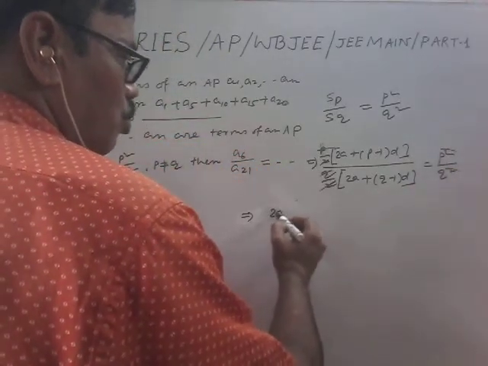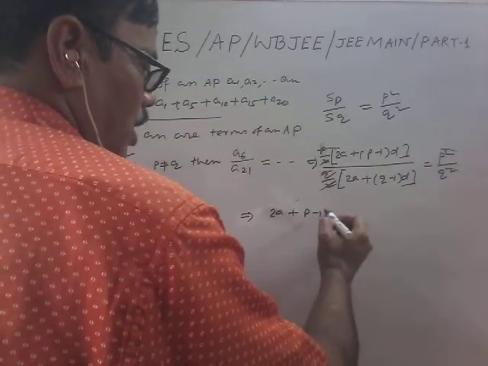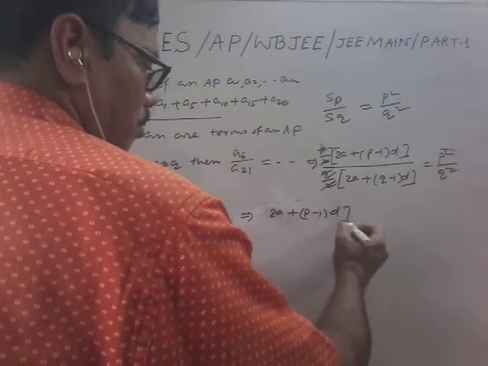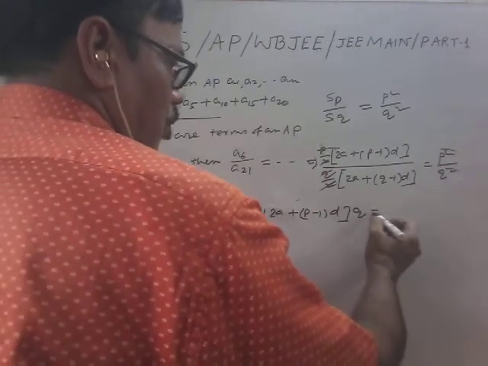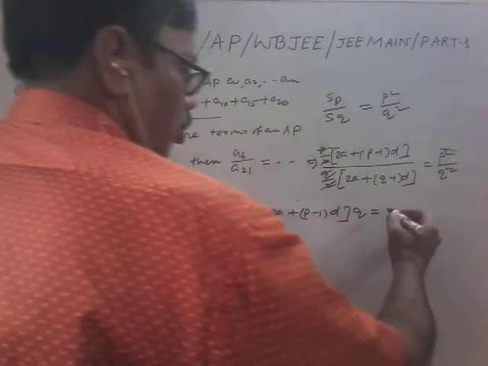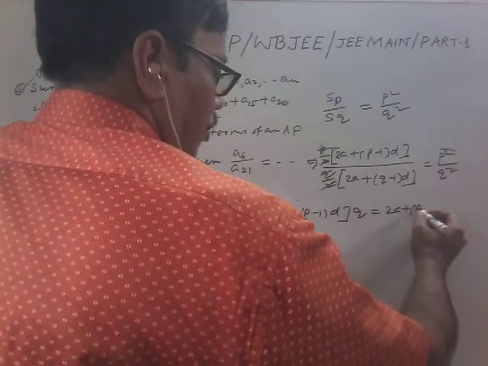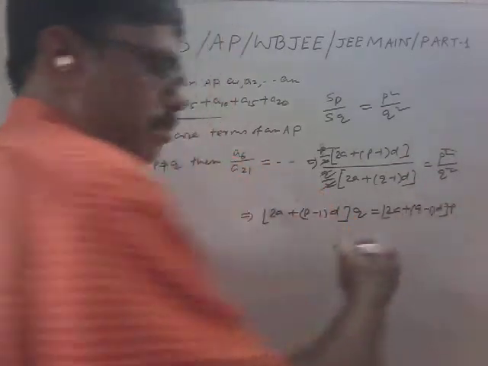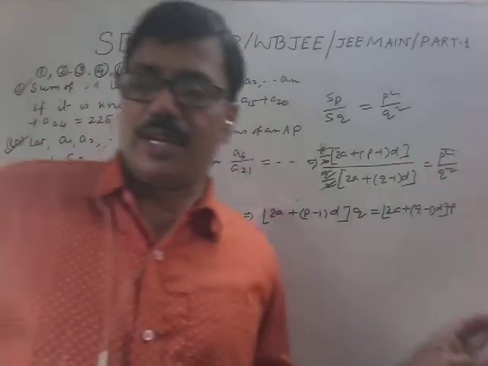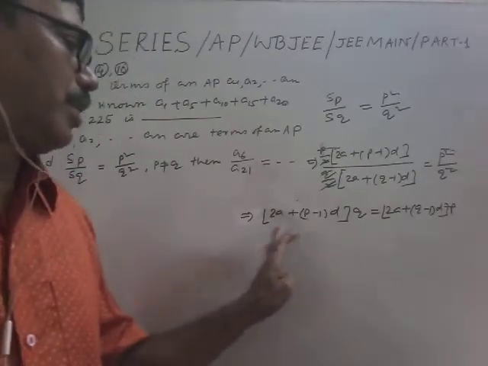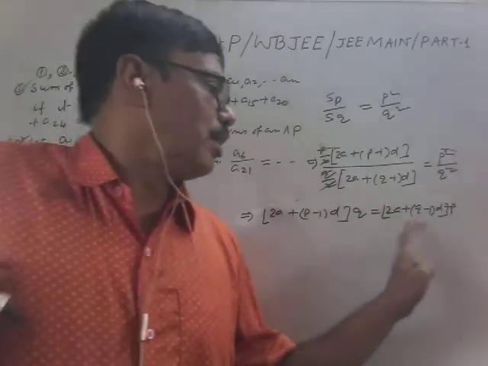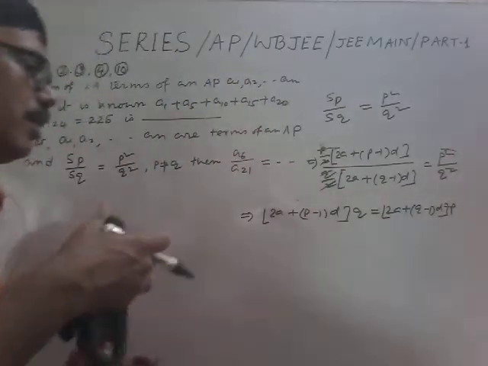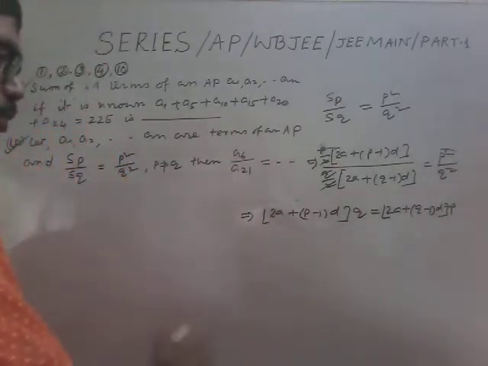So 2a plus P minus 1 into D multiplied by Q, and this is 2a plus Q minus 1 into D multiplied by P. So from this relation we have to find a relation involving A, P and Q.